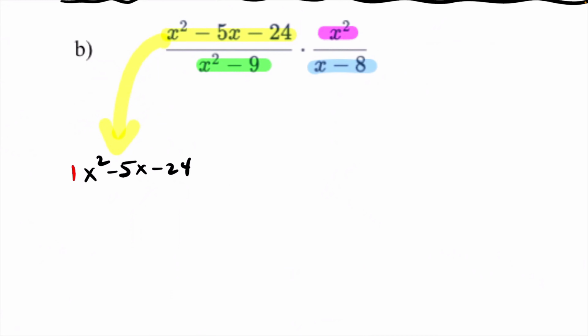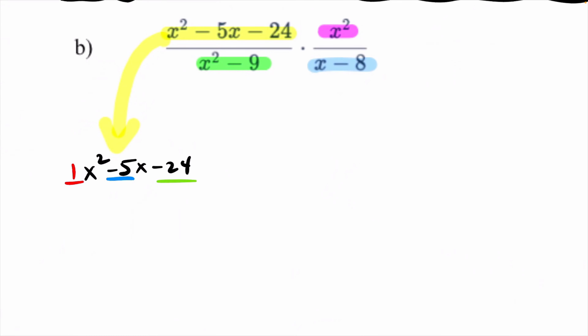ABC. One times negative 24 is negative 24, negative 5. What are the two numbers that multiply to be negative 24 and add to be negative 5? I believe 8 and positive 3.